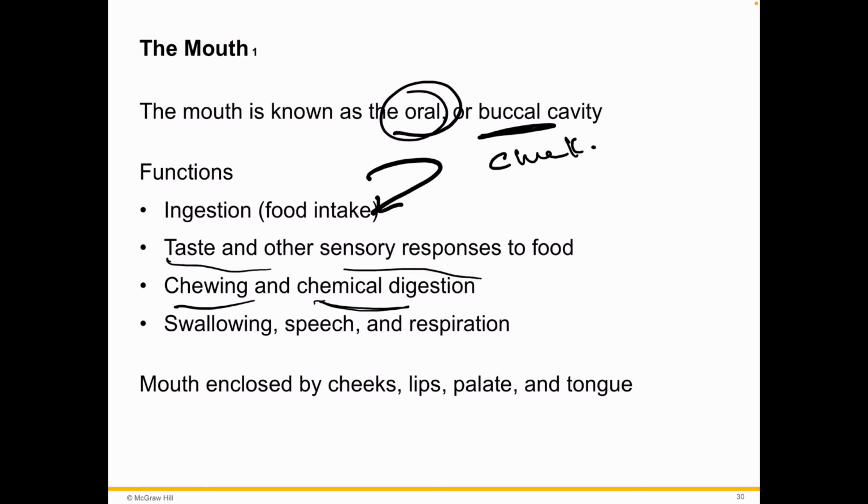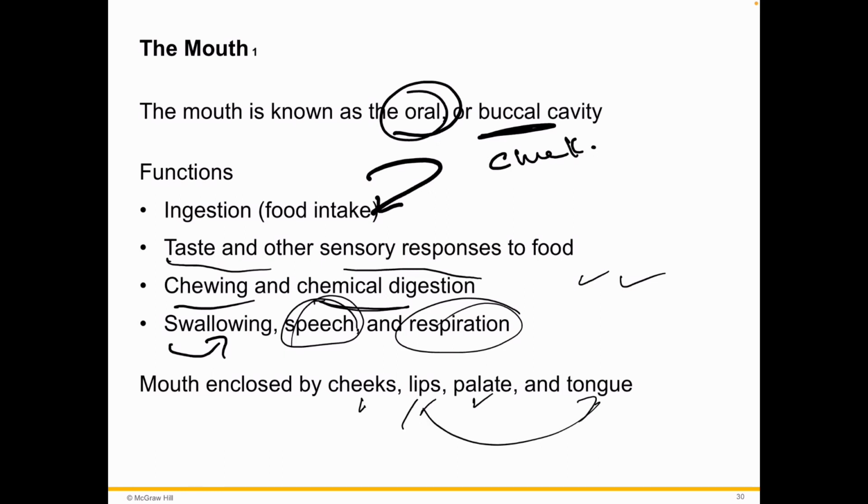Taste and other sensory responses to food let us know that what we have in our mouth is actually food and not poison or non-food items like rocks. Along with finally processing it down to the point where we can swallow it. The mouth is helpful in speech as well as respiration. It's enclosed by cheeks, hence the buccal cavity, the lips, the tongue, and the palate. I'm sorry, the lingual is the tongue, labial is the lips, as well as the palate.